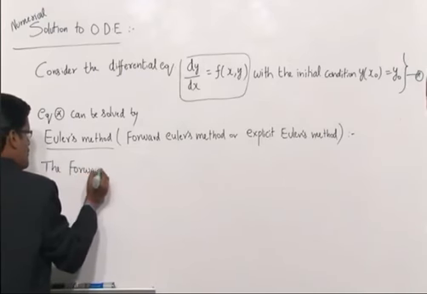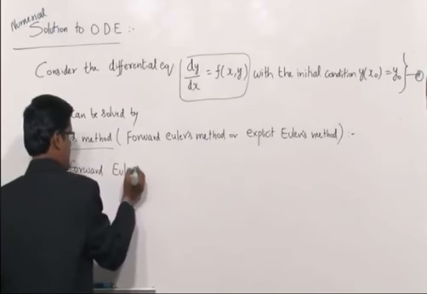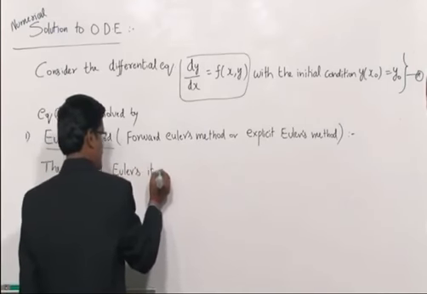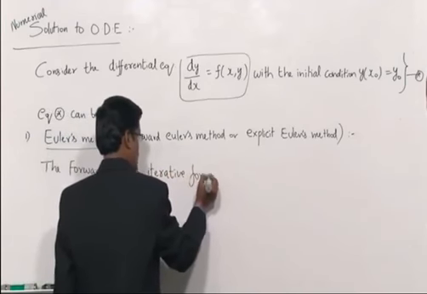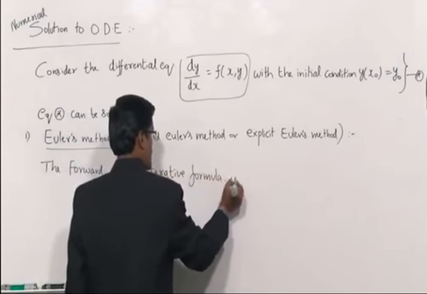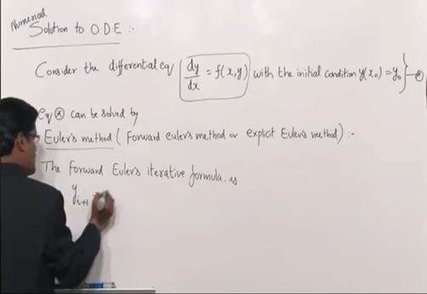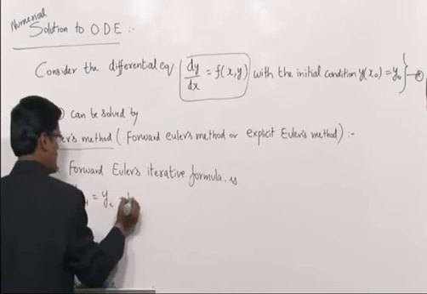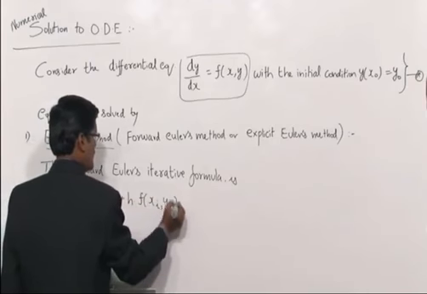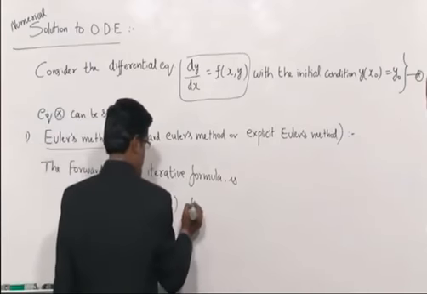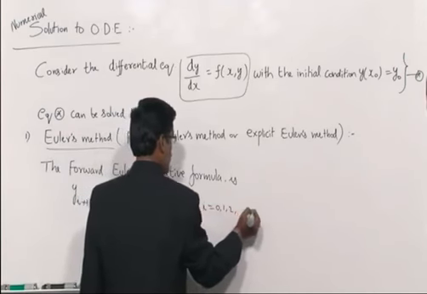The forward Euler's iterative formula is y(i+1) is equal to y(i) plus h times f of x(i) comma y(i), for i is equal to 0, 1, 2, and so on.